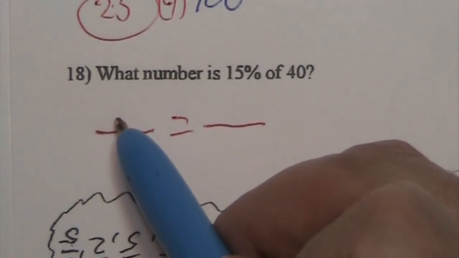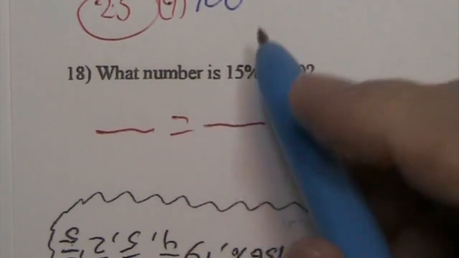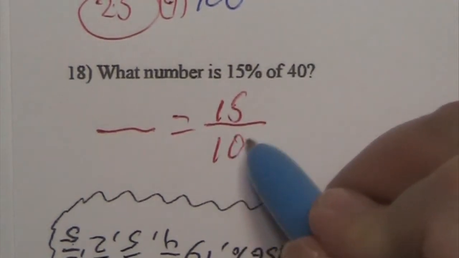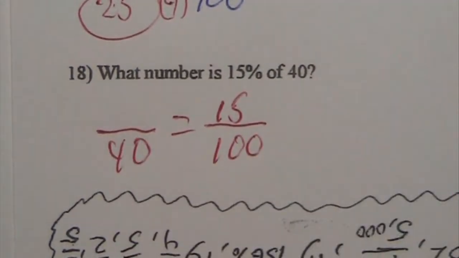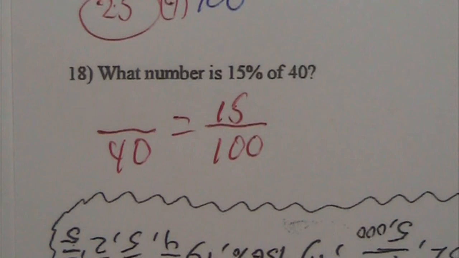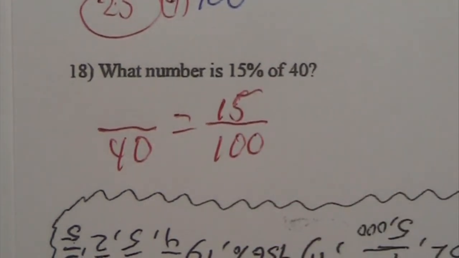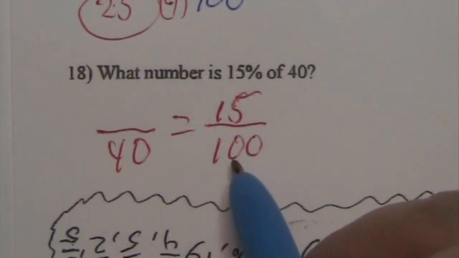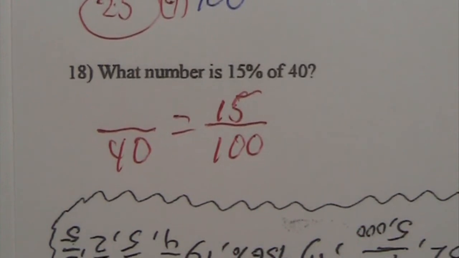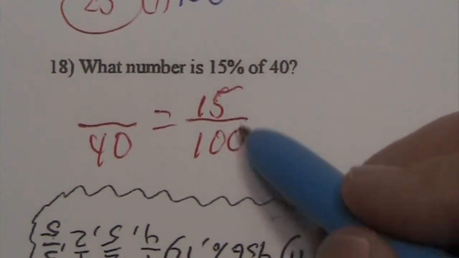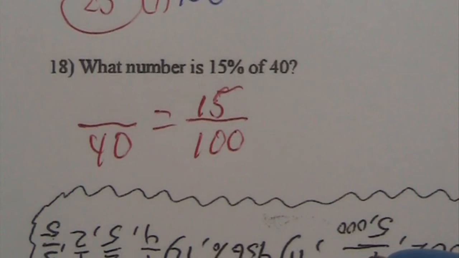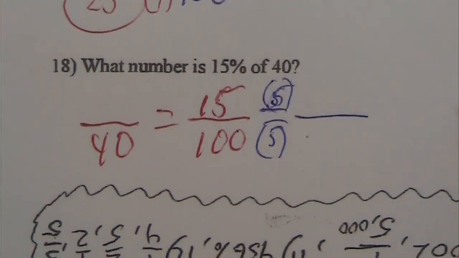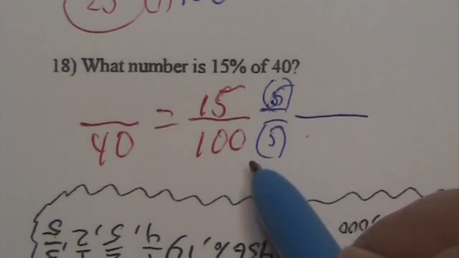Next one, some number, I don't know what this number is, 15% of 40. Out of 40. So how are we going to do this? How are we going to go from 100 to 40? Is it possible we could scale it down? I could scale it down by 5s.